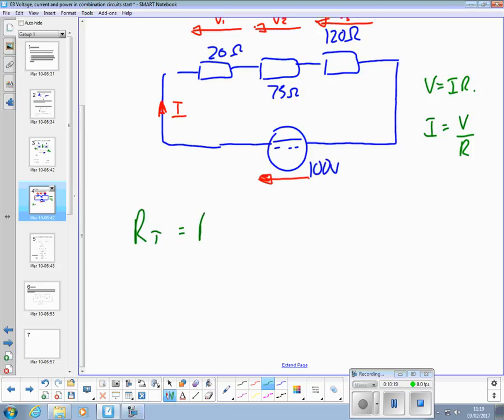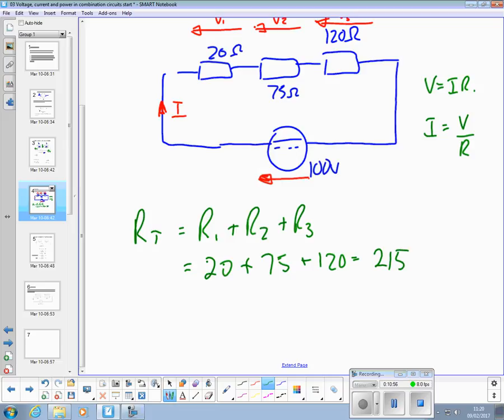RT equals R1 plus R2 plus R3, which is 20 plus 75 plus 120 equals 215. 75 and 120 is 195, plus 20 is 215. First part of the problem solved.